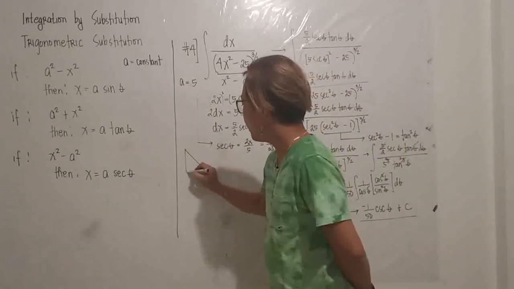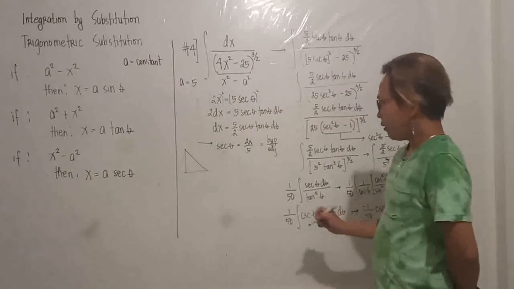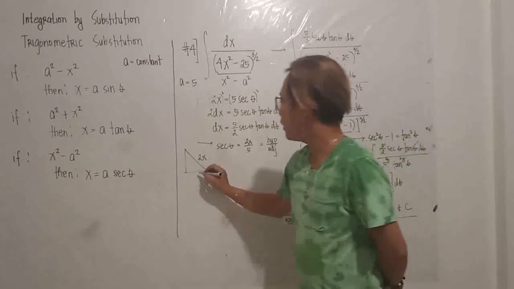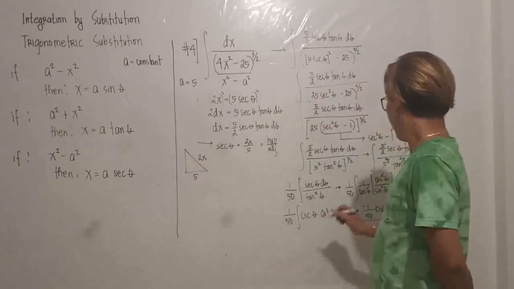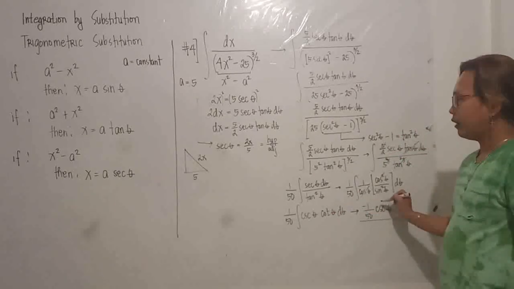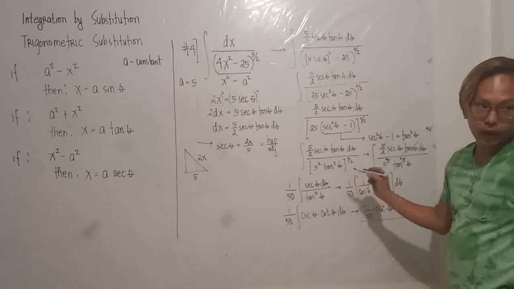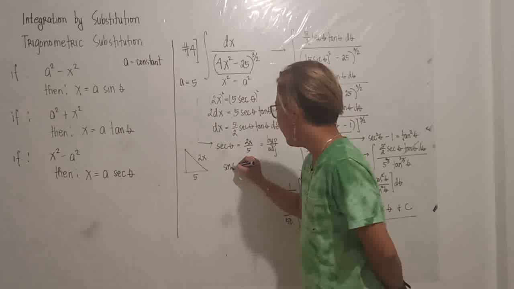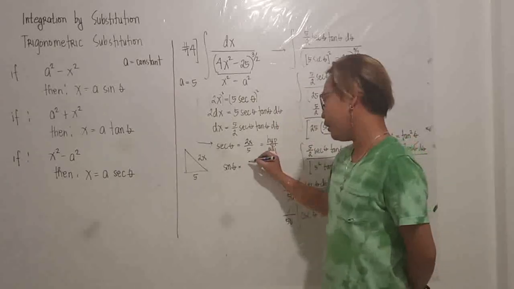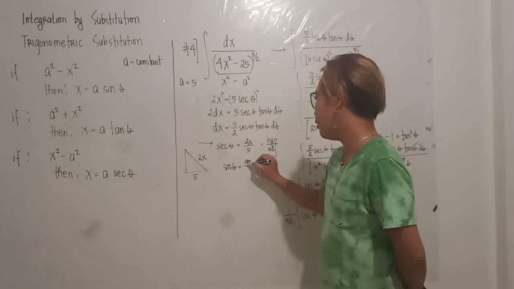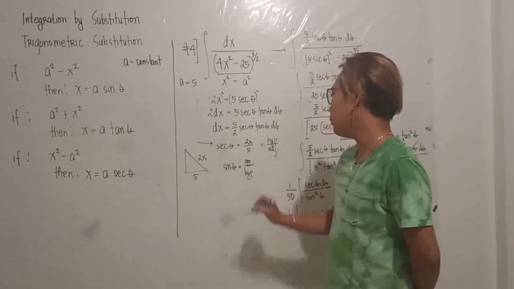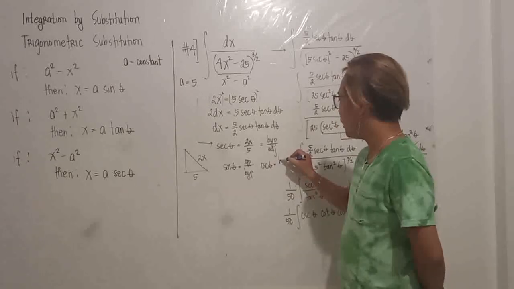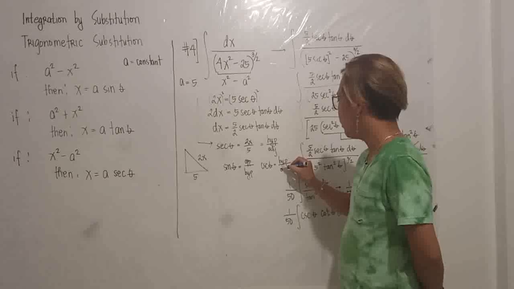So if you use the triangle, you will now have 2x, then the adjacent is 5. You need cosecant. Cosecant is 1 over sine. So you need sine theta. And sine theta is opposite over the hypotenuse. Or to get the cosecant theta, you need the hypotenuse over the opposite.